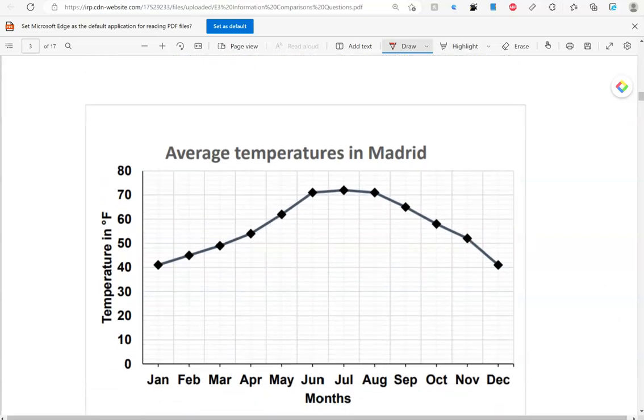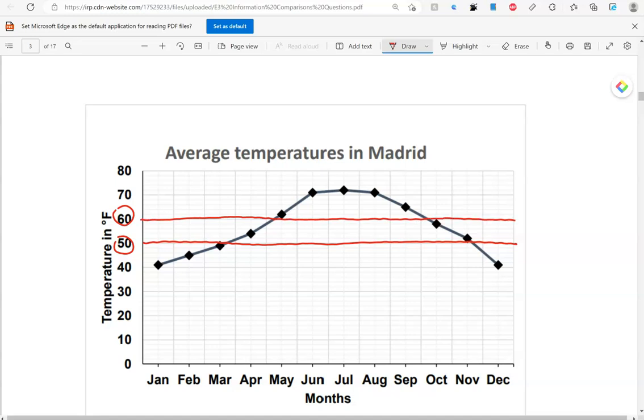So that is here, here. In between we have this month, this one, and this one. So this is April, October, and November.